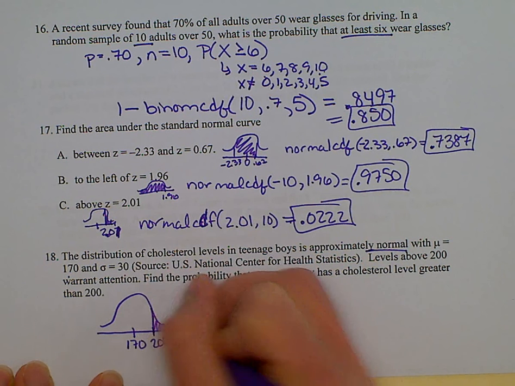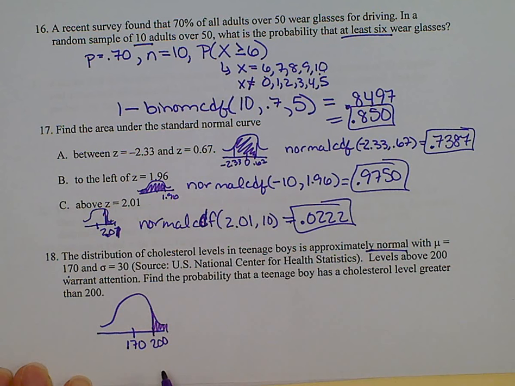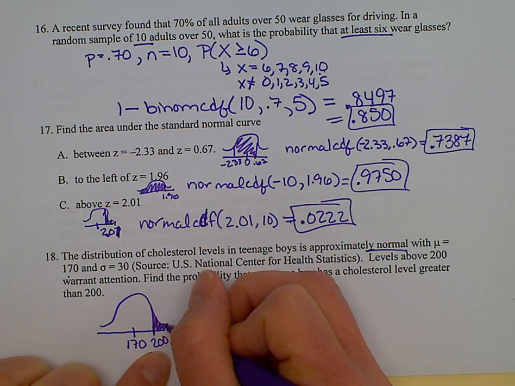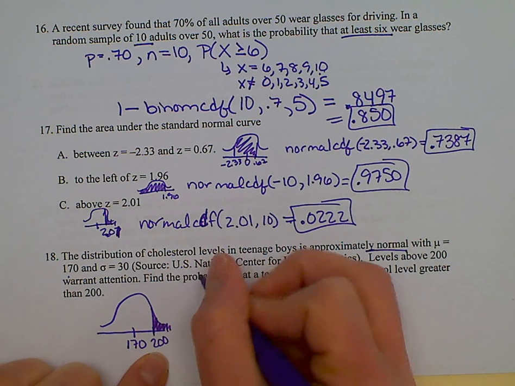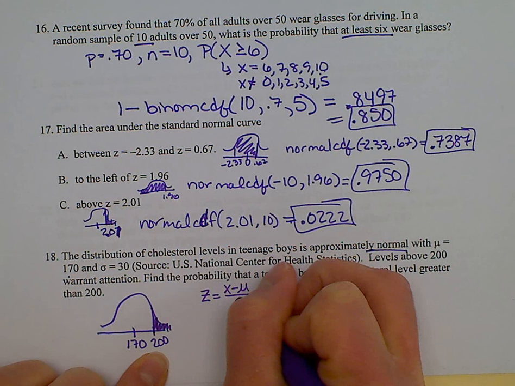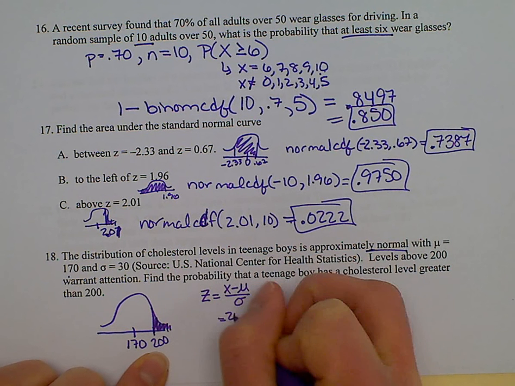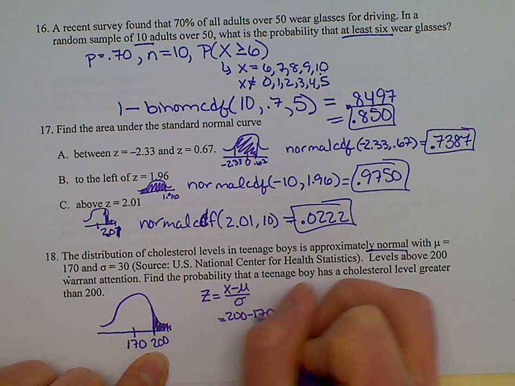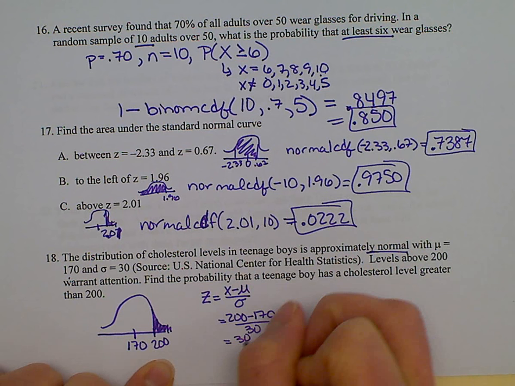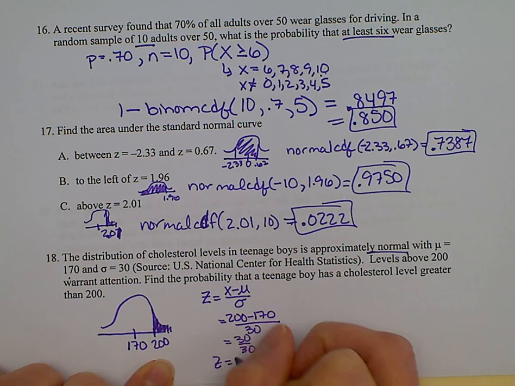So 200 is bigger than 170, so we sketch it to the right. To find the probability, we find the area of the shaded region. In order to do that, we have to convert 200 to a standard score. So we're going to do 200 minus 170 divided by our standard deviation of 30. We end up with 30 over 30, so Z is 1.